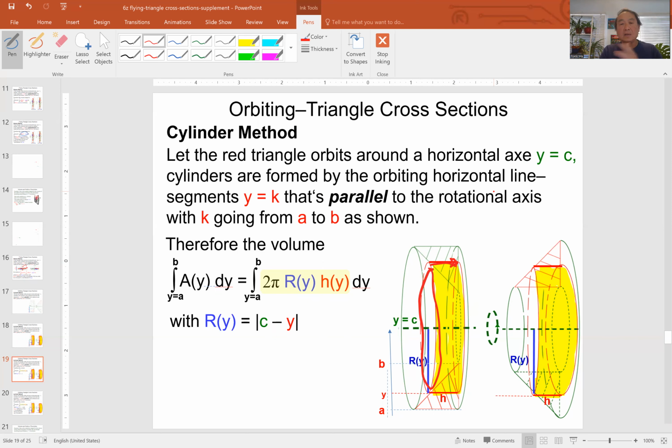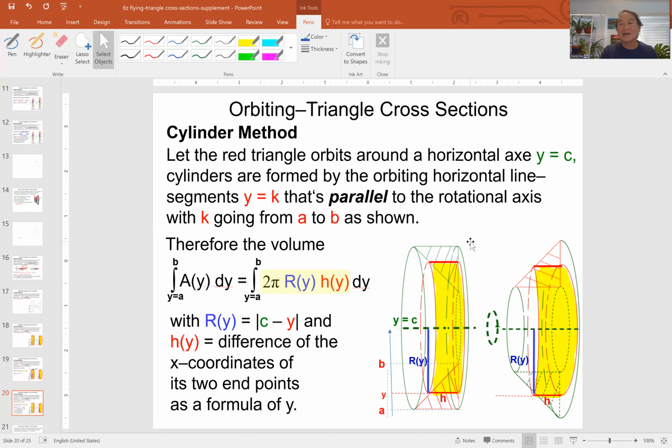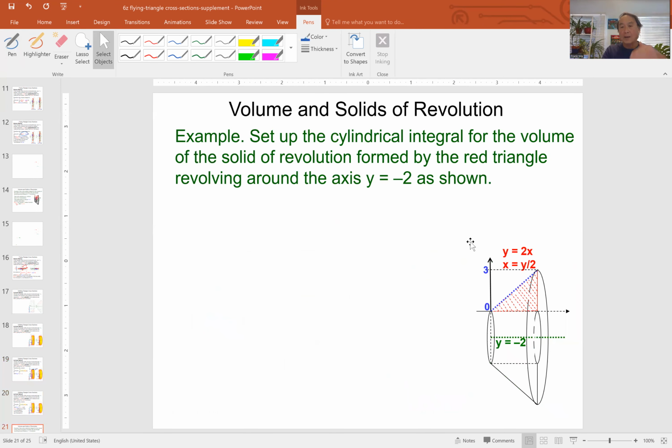Everything in this case is expressed in y, because we get a cylinder by taking y cross sections like these, y equal to some number, and therefore the integral is set up using y.